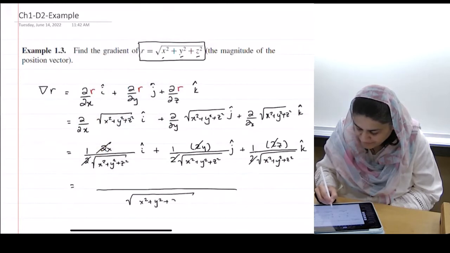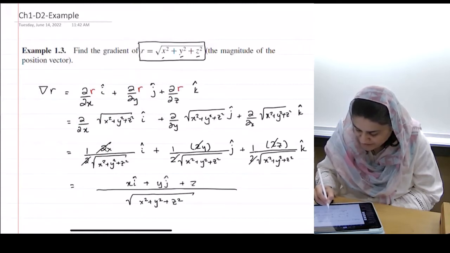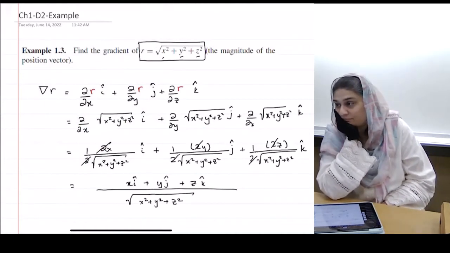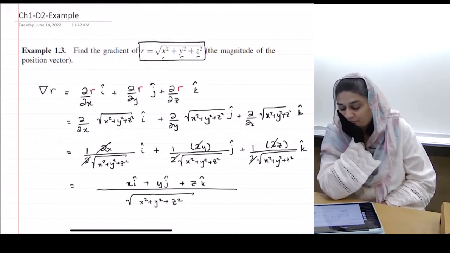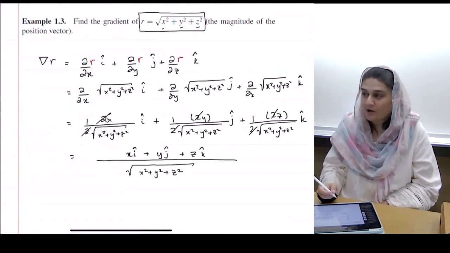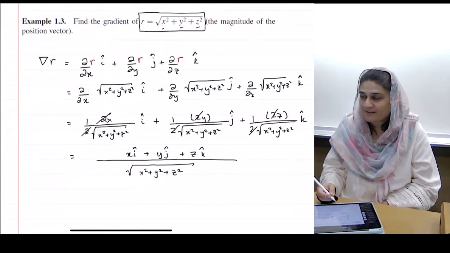Because I'm lazy, I'm not going to do one more step. We're left with xi plus yj plus zk. Is xi plus yj plus zk r? Is that a vector r?